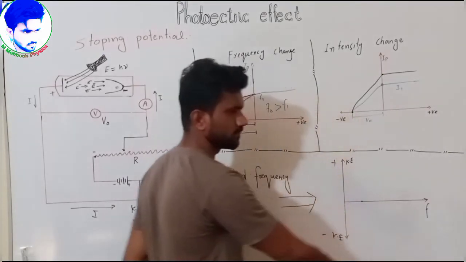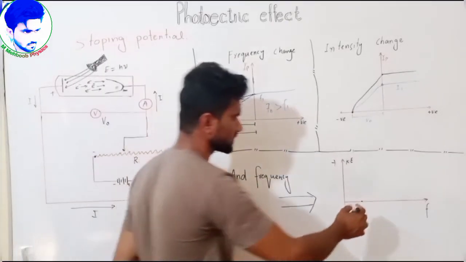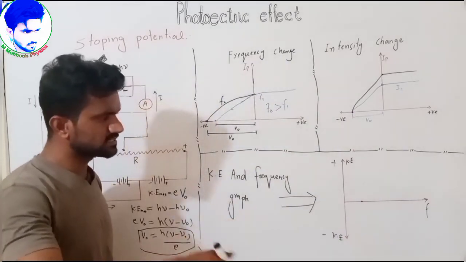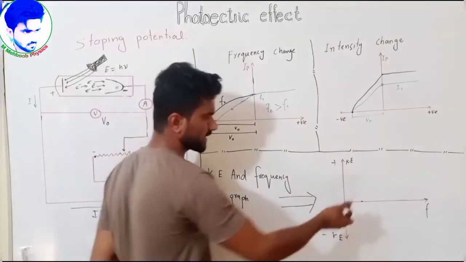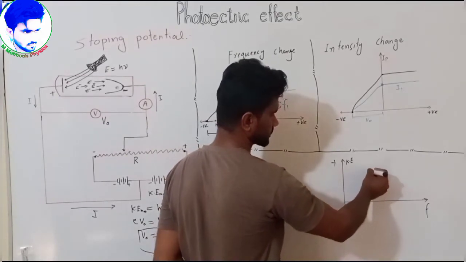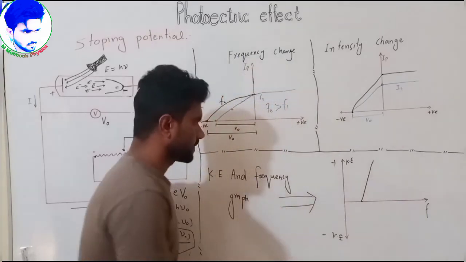At that point, electrons will start ejecting from the metal surface, and when photoelectrons eject from the metal surface, it means that they have some kinetic energy, and its value will be like this for one metal.